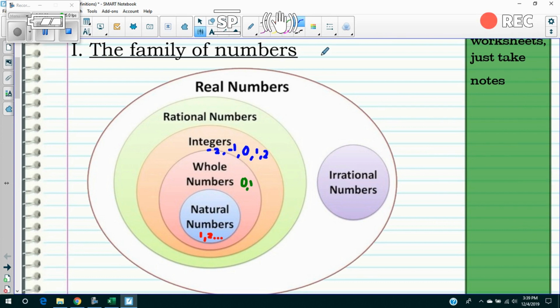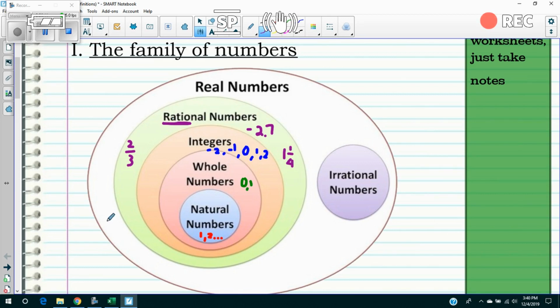Next, rational numbers. You can remember rational numbers by looking at the word ratio. What's a ratio? Yep, it's a fraction. So any number that you can put as a fraction, like 2/3, or as a decimal, like -2.7, or another fraction like 1 1/4, these are rational numbers because they can be put as a fraction.